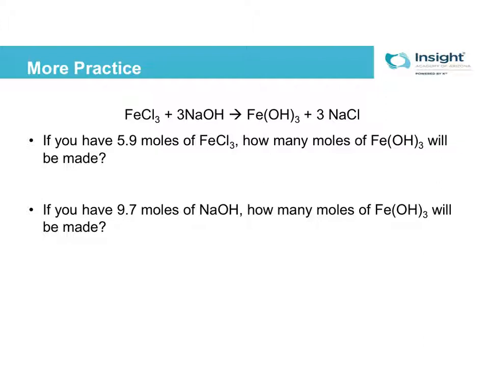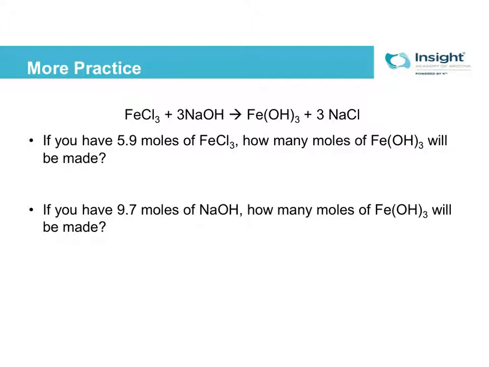So, I am going to recommend that you pause the video here and try these two. I will do them, but pause it and see if you can set everything up and get the right answers. Or try the first one, and then pause again for the second one. But I've got 5.9 moles of FeCl3. How many moles of FeOH3 will be made?